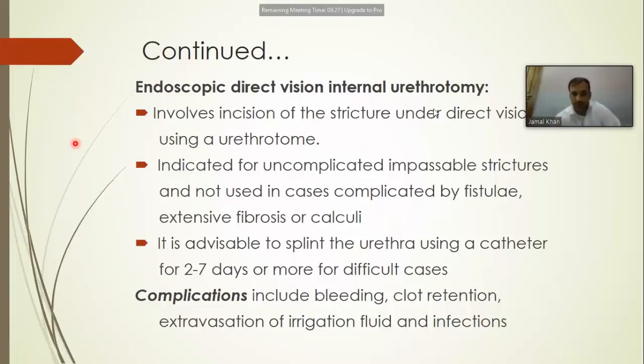It is advisable to stent the urethra using a catheter for several days or more for difficult cases. Complications of endoscopic direct vision internal urethrotomy include bleeding, clot retention, extravasation of irrigation, bloating.